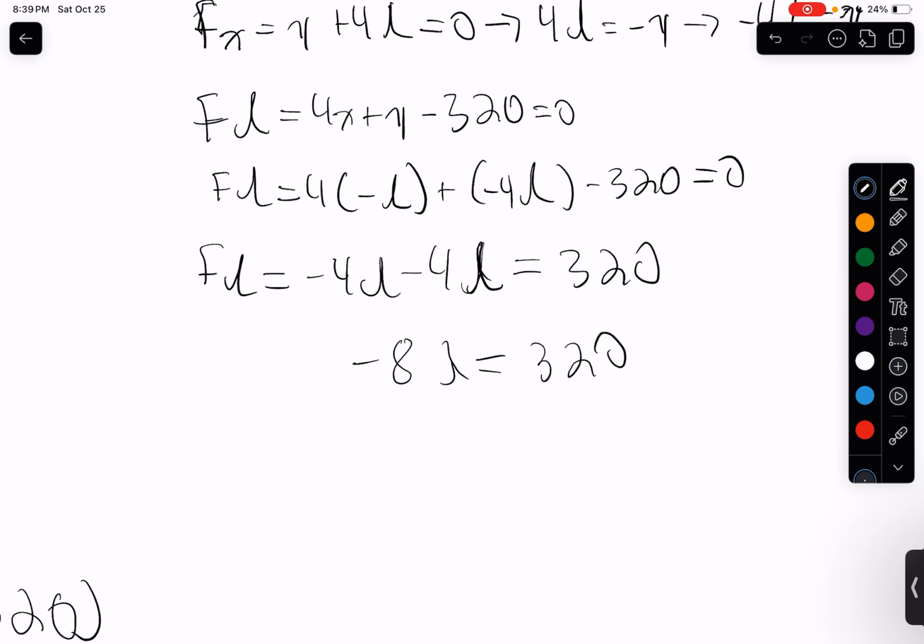All right, we're going to divide each side by negative 8, and that's going to get us a value of negative 40. Okay, so we found our lambda. Lambda equals negative 40. Now that we have lambda, we can use this to find x.